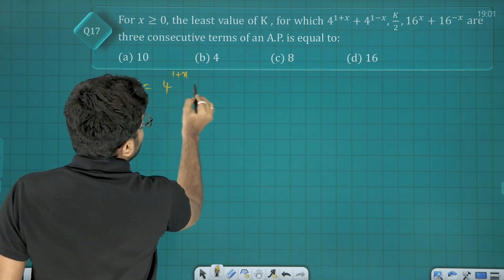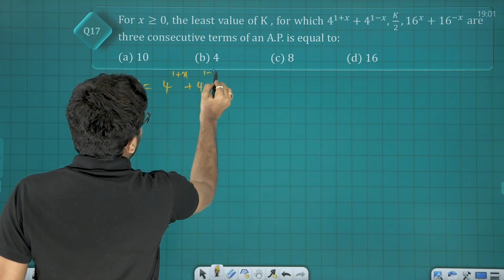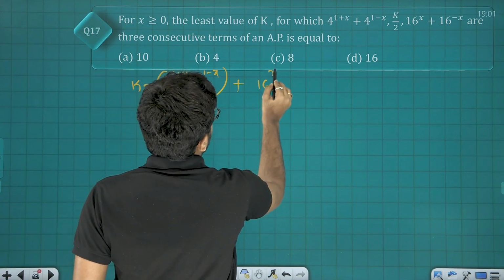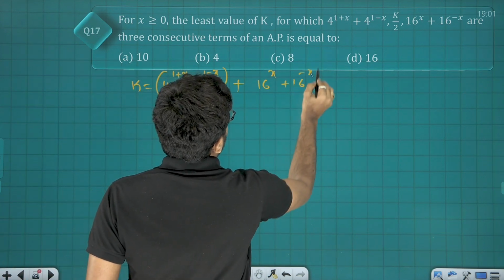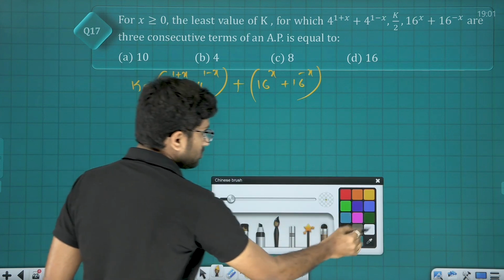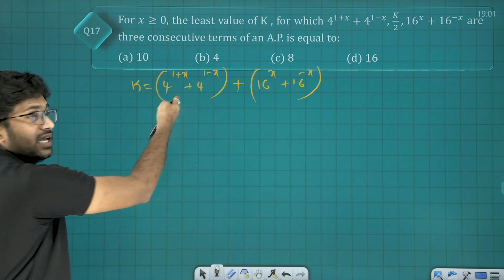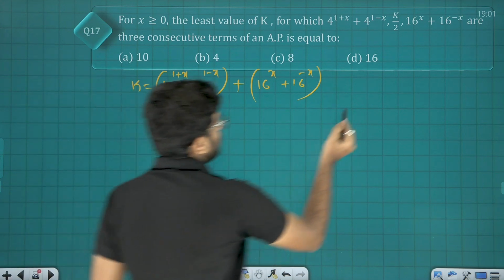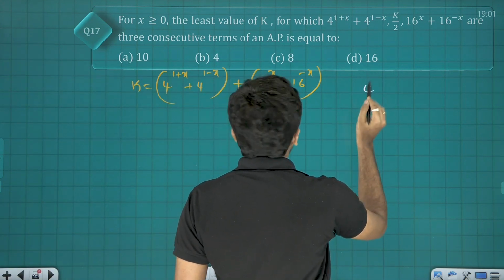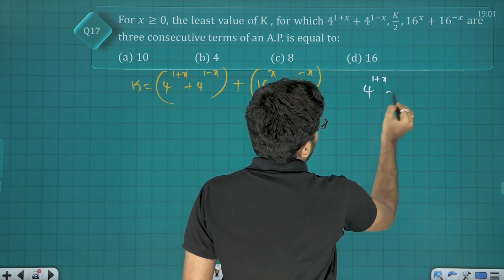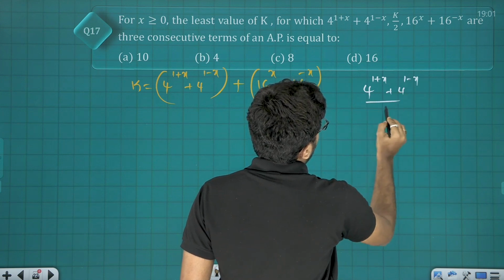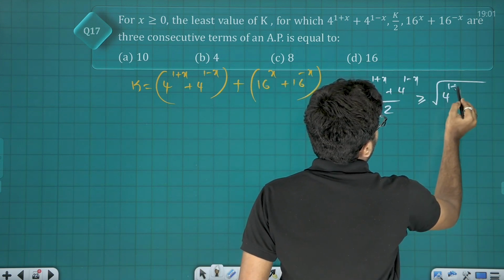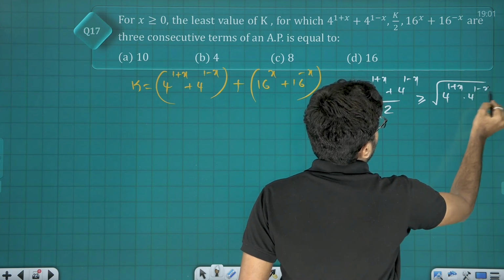4 power 1 plus x plus 4 power 1 minus x plus 16 power x plus 16 power minus x. Friends, clearly we can use the AM-GM concept here. So AM of this, 4 power 1 plus x plus 4 power 1 minus x, whole divided by 2, is always greater than or equal to the square root of 4 power 1 plus x into 4 power 1 minus x.